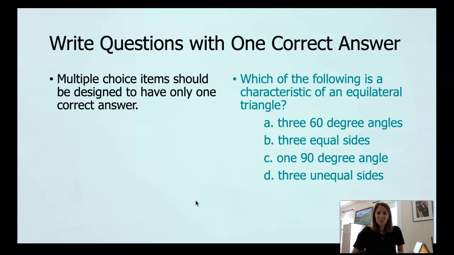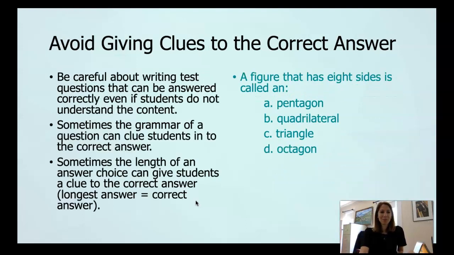So if we look at A and B, those are both characteristics of equilateral triangles. So when you're writing multiple choice questions, you just have to be very careful that you are not inadvertently writing two correct answers. So you have to think very carefully about your wrong answers. They need to be plausible, but they cannot be correct if they're meant to be incorrect answers.